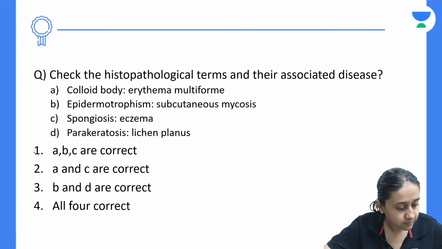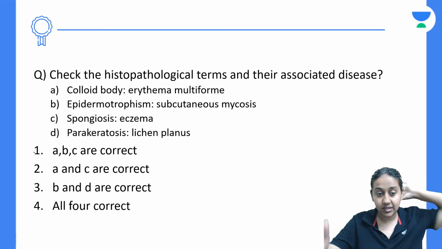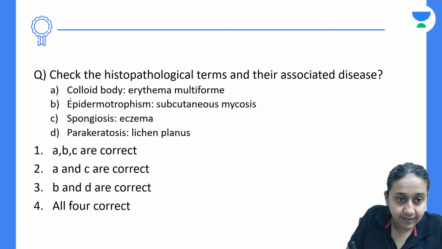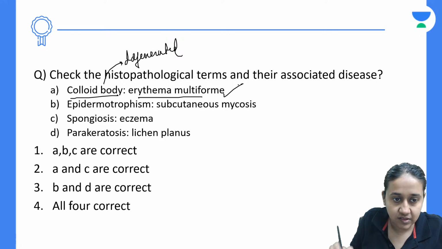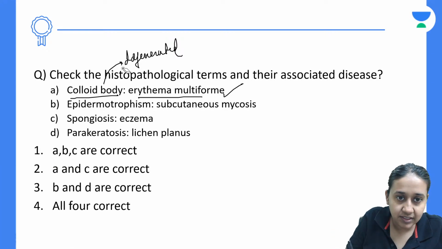Anybody can tell me the answer here? Please remember, colloid body is nothing but the degenerated stratum basale. So erythema multiforme, this is correct. Even in lichen planus, this is nothing but the degenerated stratum basale.